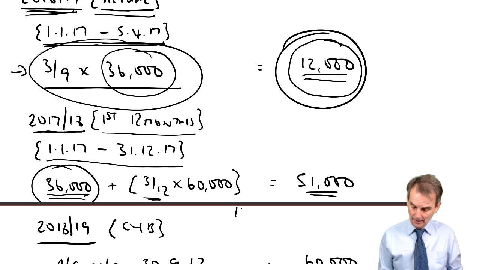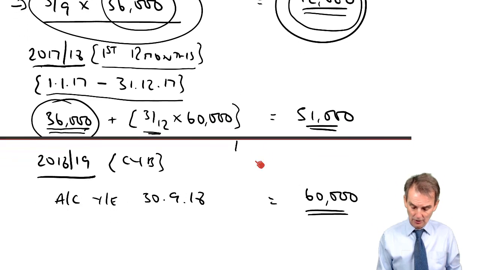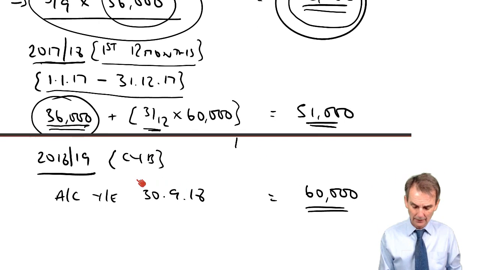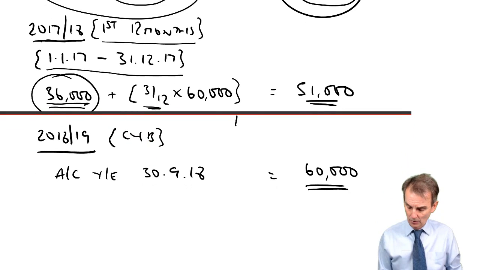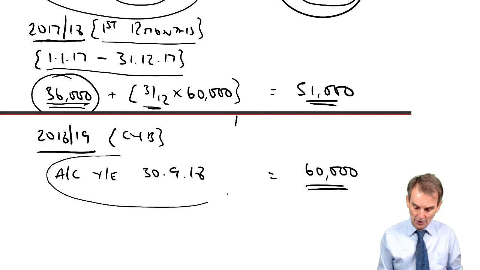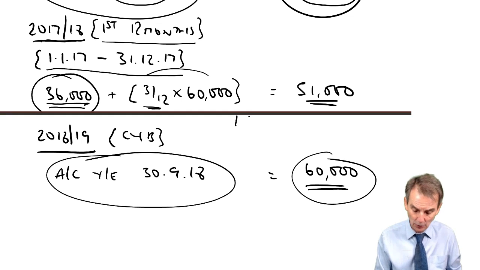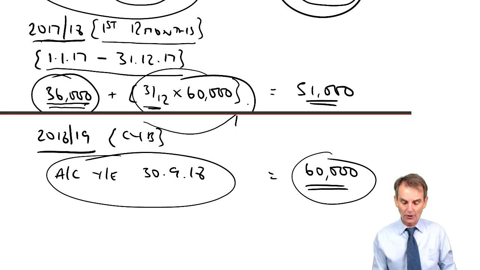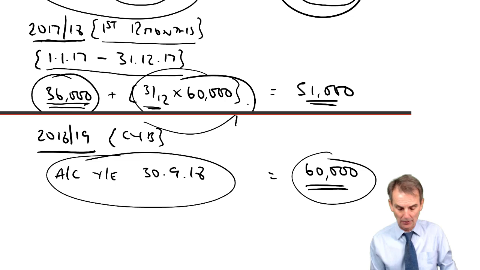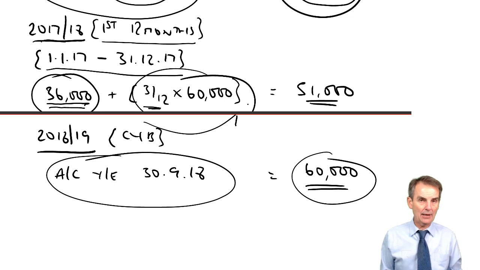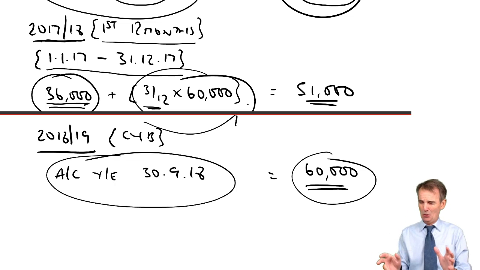And then in our third tax year, we've used all of the year ended September 18 profit of 60,000, having already used 3 months' worth of that profit in the 2017-18 tax year. Now, you might start thinking, hang on a minute, is that fair?